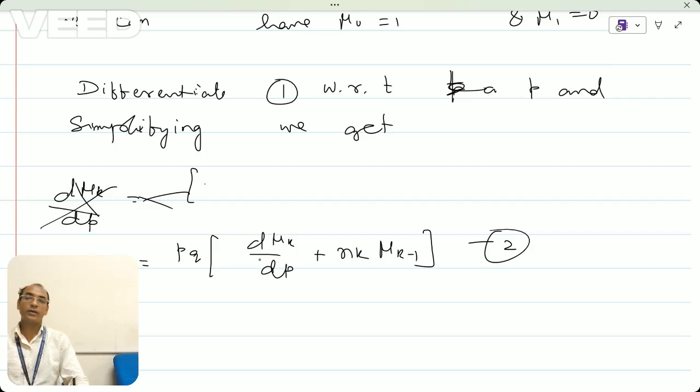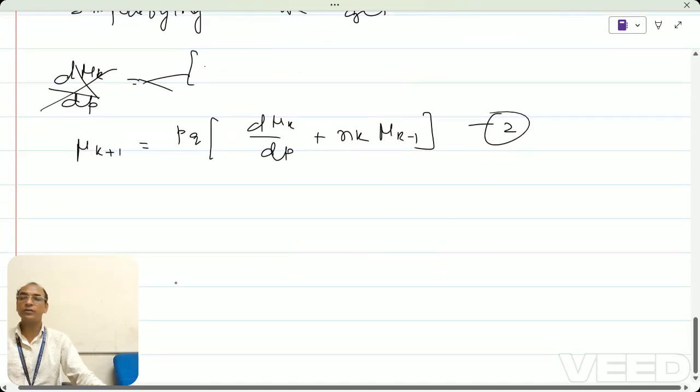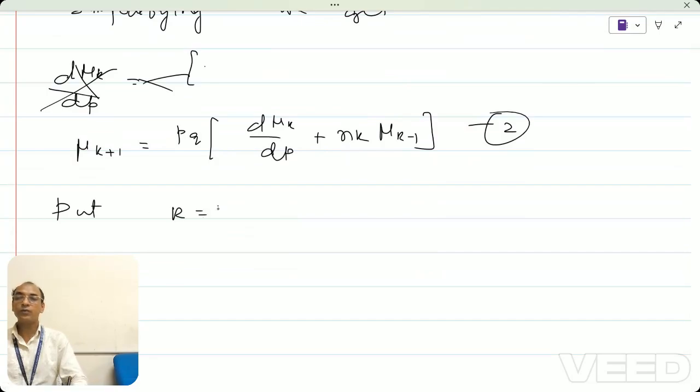So this is the general formula for calculating the kth moment of a random variable x, where these two things are available, mu0 equal to 1 and mu1 equal to 0. Now if I put k equal to 1, what will happen?